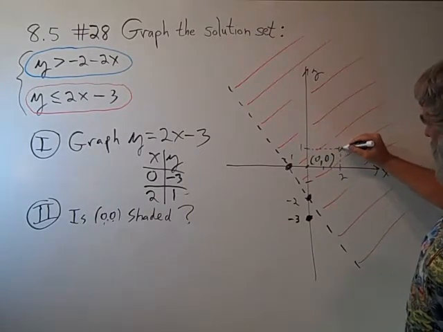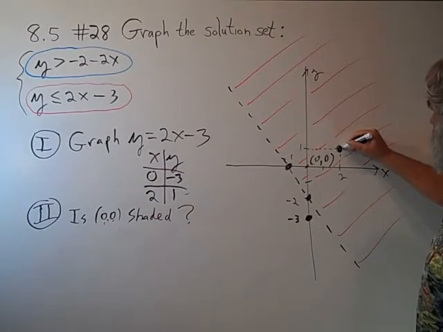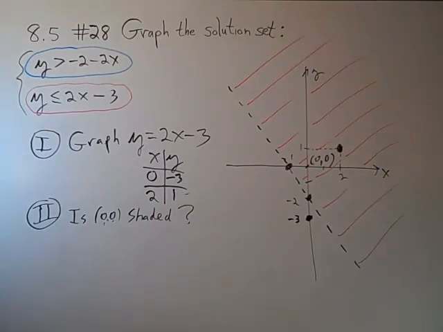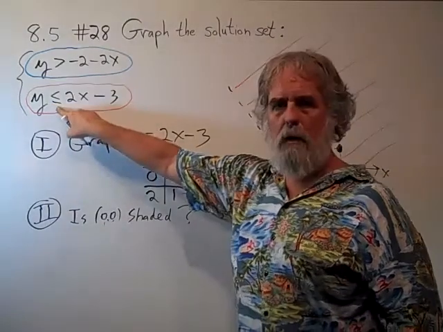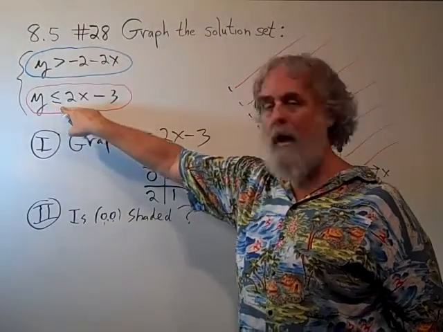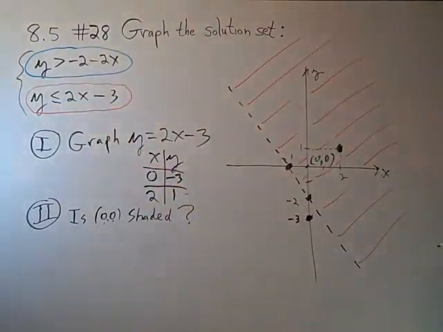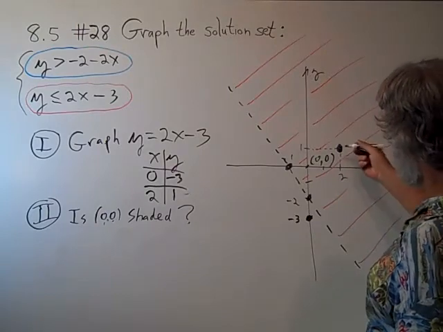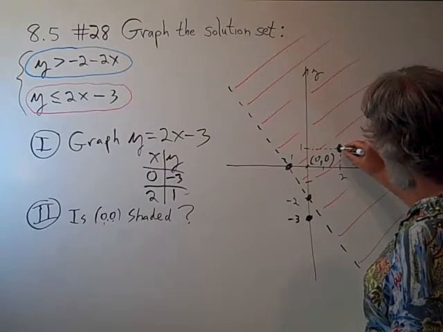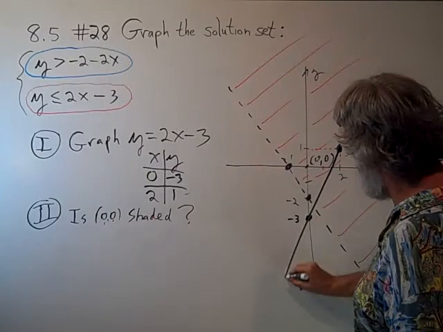So this is a second point on the graph of this line. And this line, remember, is a solid line because we're including the points that are on this line. That's the points where equal holds. So the solid line between these 2 points looks like this.